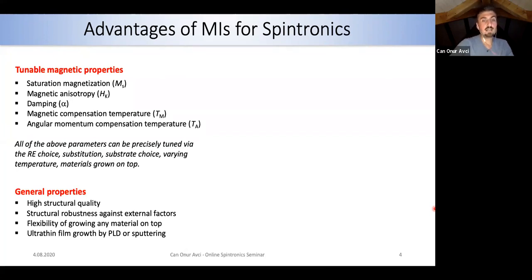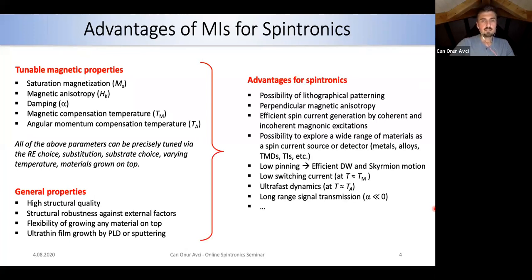All these studies were done in bulk or micrometer materials grown by liquid phase epitaxy, but right now we know that we can grow these materials by pulsed laser deposition or even sputtering. So all these things give us some advantages for spintronics.